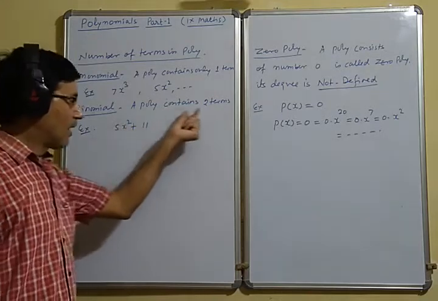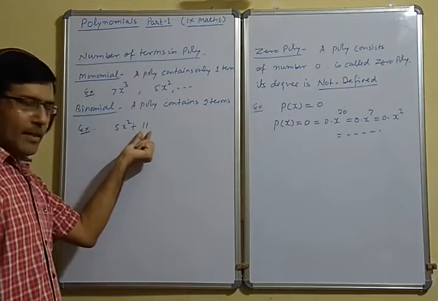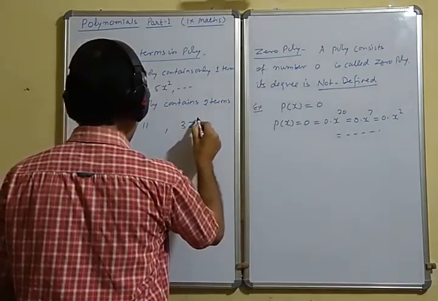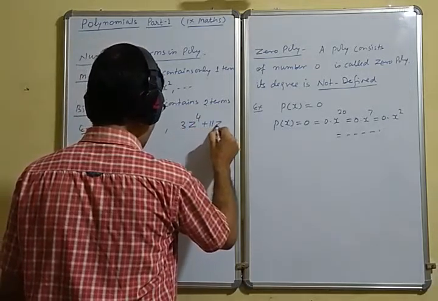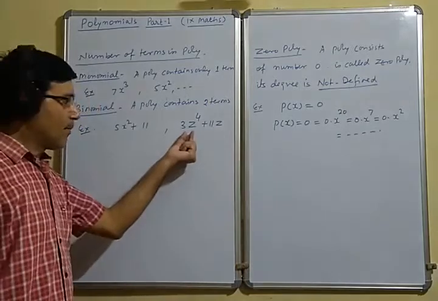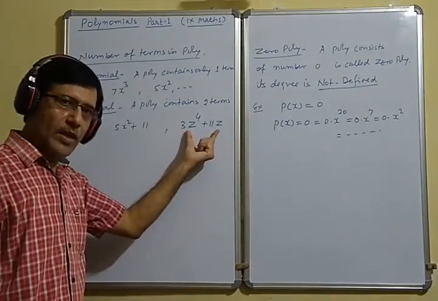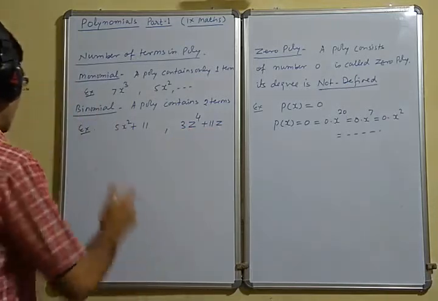This is a polynomial containing two terms. The first term is 5x square, the second term is 11. Similarly, 3z^4 plus 11z is a polynomial which contains two terms, first term, second term. So this is a binomial.